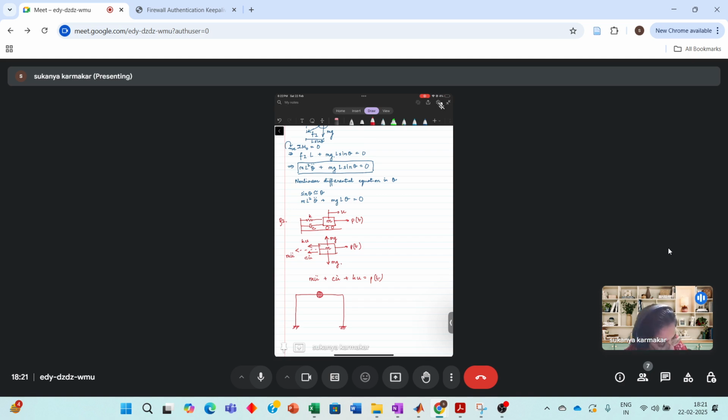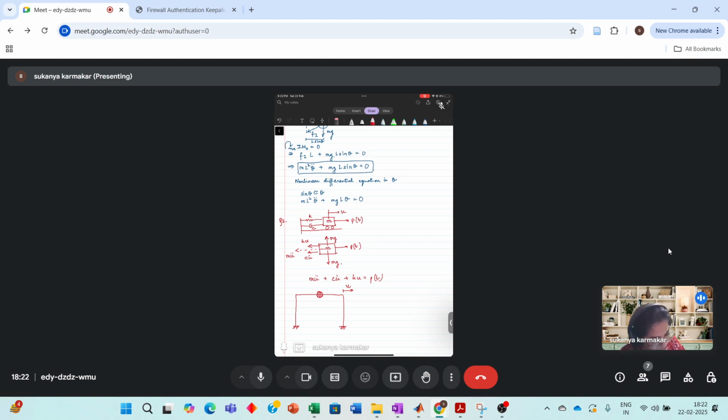The beam in this frame is rigid. So this u is the only degree of freedom. It's a single degree of freedom system. That is, this u is able to describe the displaced position of this system. It's an independent degree of freedom.